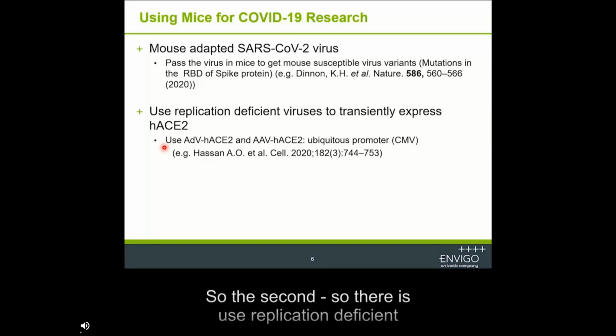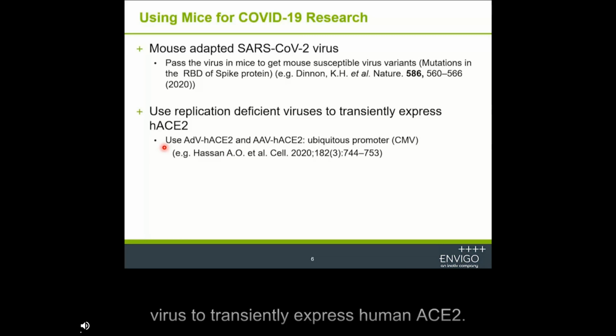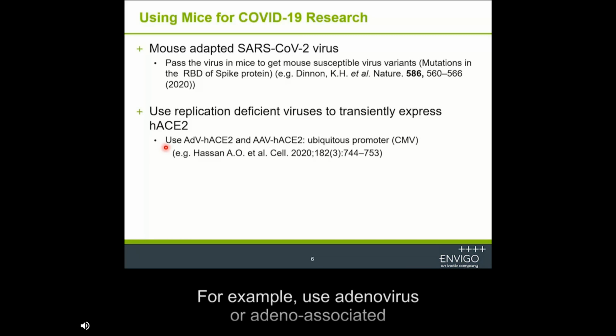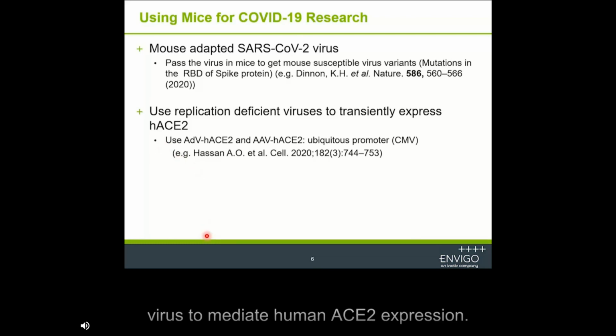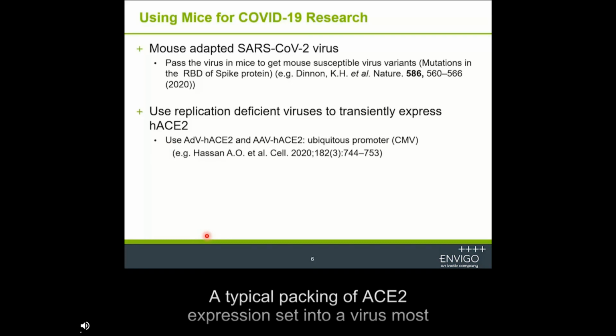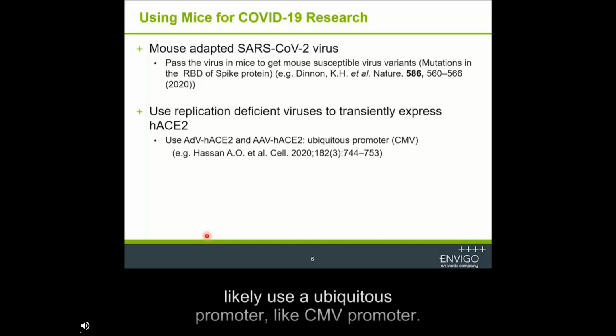So the second method is to use a replication-deficient virus to transiently express human ACE2. For example, use adenovirus or adeno-associated virus to mediate human ACE2 expression, typically packaging an ACE2 expression cassette into the virus, most likely with a ubiquitous promoter like the CMV promoter.